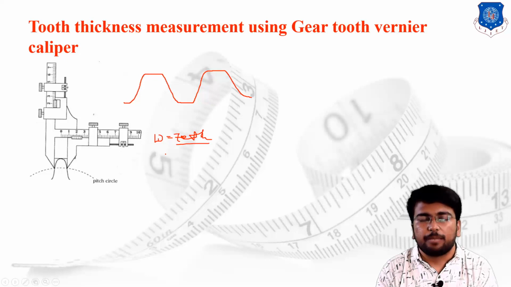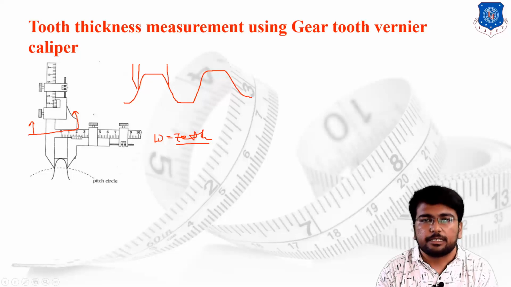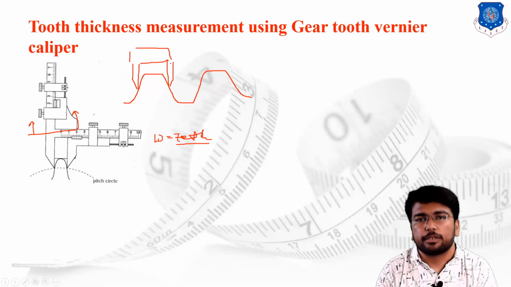If this particular vertical body is not there, then I will take a simple vernier caliper. I will put the vernier caliper, with one jaw placed like this and the other jaw placed like this, and I will take the simple reading. Suppose this is the vernier caliper and I will take the reading.